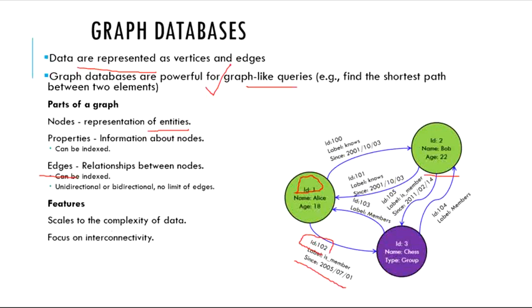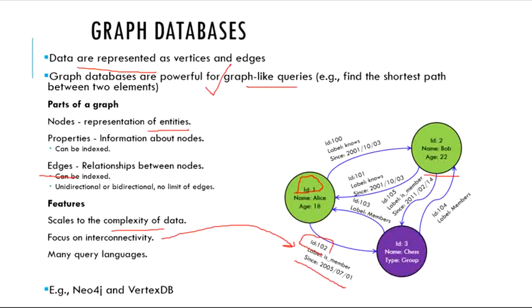Some of the important properties that it has: it scales easily to the complexity of data. You can add any number of nodes that you require, since this enables the creation of these relationships, so it is highly focused on interconnectivity. And because of this focus on interconnectivity, it is used in multiple applications which have these social network type structures.